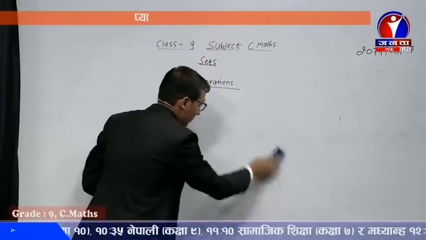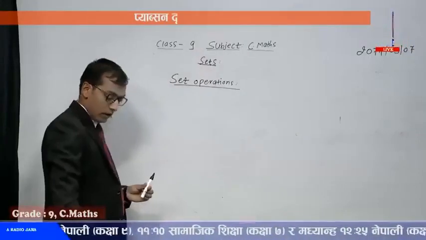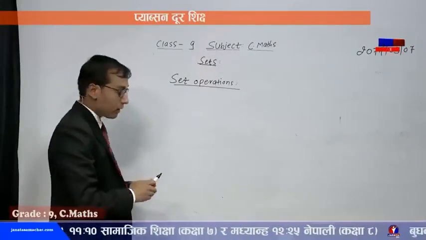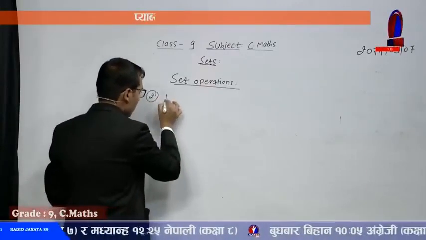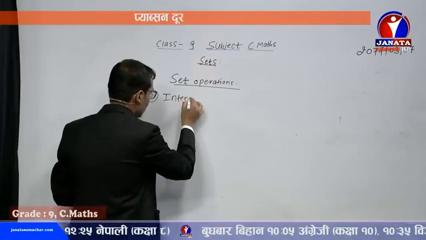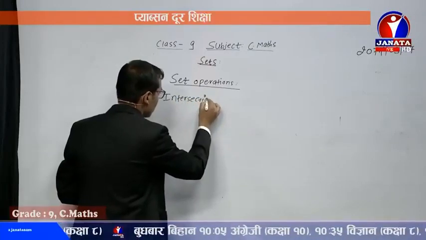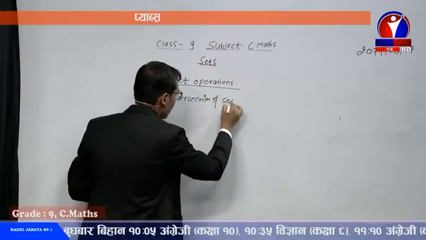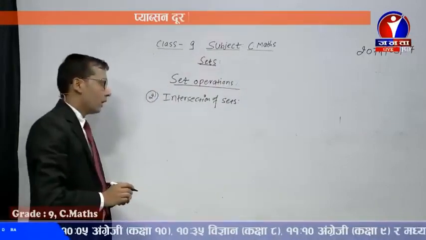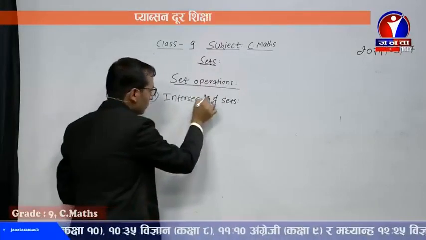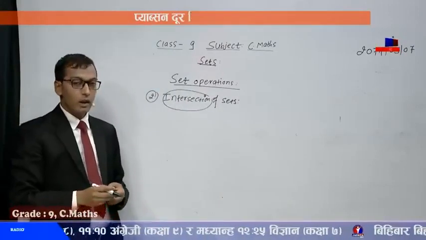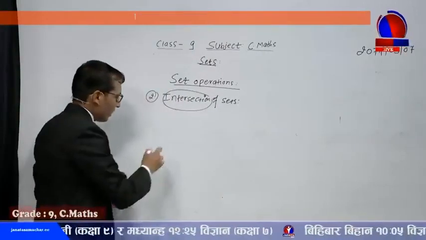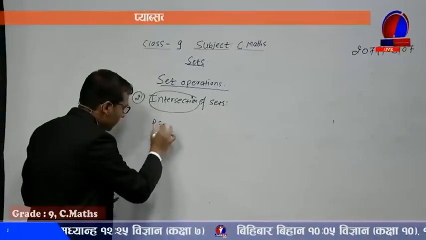After union, let me move to the next, slide number 2, intersection. Intersection of sets. It's clear from the word intersection that the meaning is common. Let me take examples again.